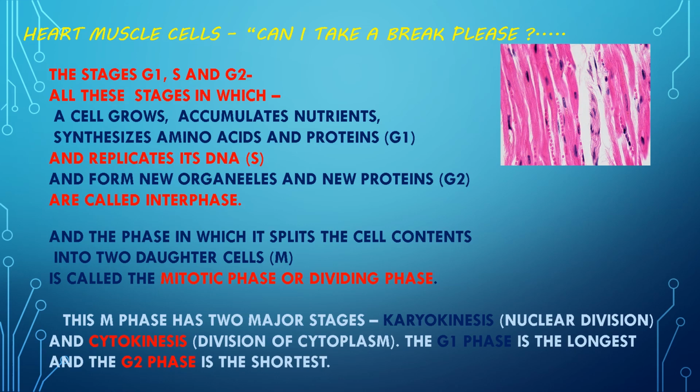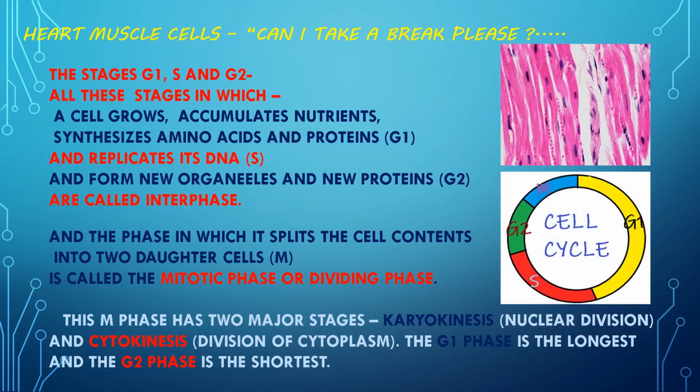That is a very short phase, which is the G2 phase, the second growth phase. All these three phases together, G1, S and G2, are called interphase. Now the whole preparation for cell division is done. DNA has replicated, growth has happened, material needed for cell division has been synthesized.